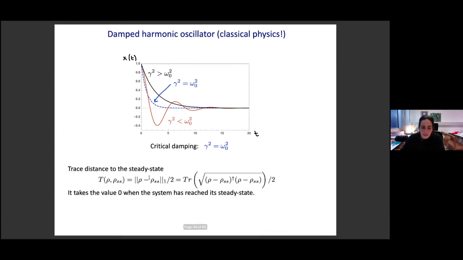The trace distance is the norm 1 of my density operator minus the density operator at steady state, and formally it is given by this. It tells me how close I am to the steady state. So when my system is in the steady state, you see that this trace distance will take the value 0.